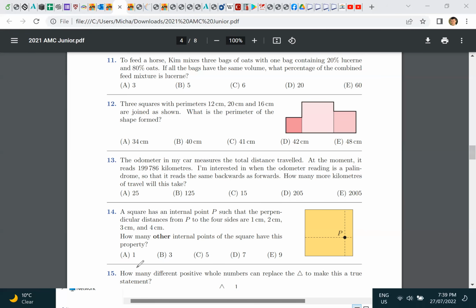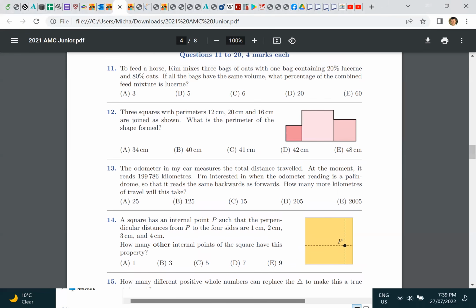And the overlapping bits are like this bit here.